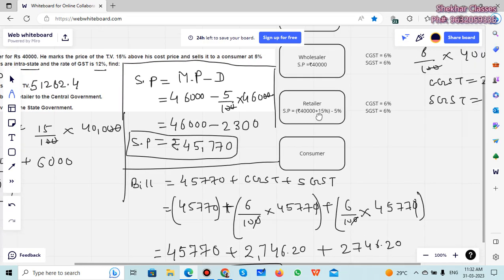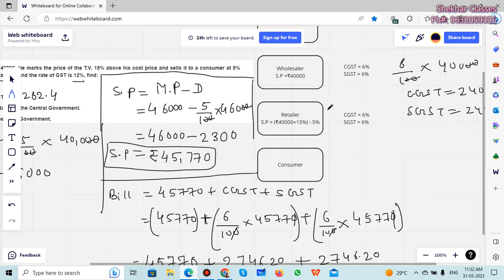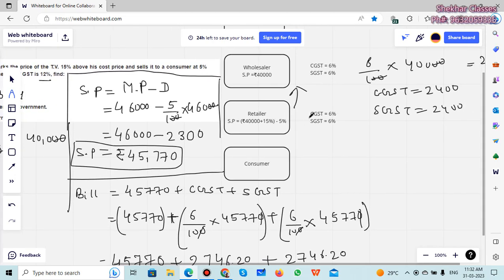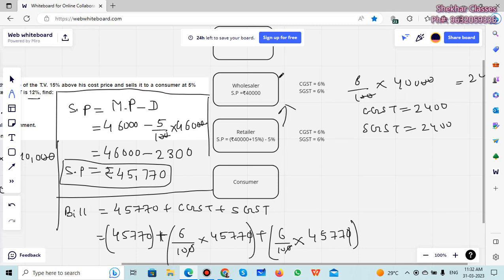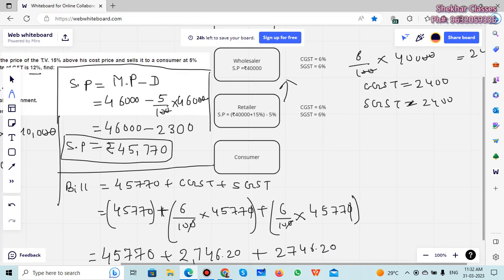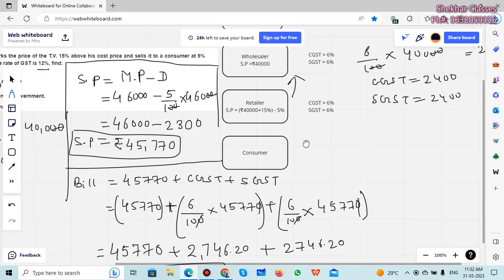Now, the retailer paid it to the wholesaler. Since he has already paid earlier, he will deduct that amount. The wholesaler paid on behalf of the retailer to the government, right? How much? 2400. The retailer will pay by subtracting that 2400 from whatever he has collected.